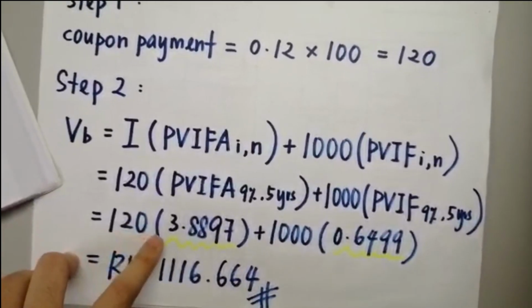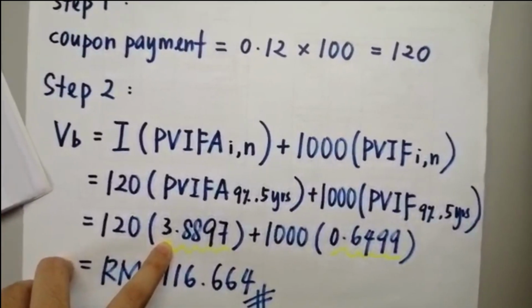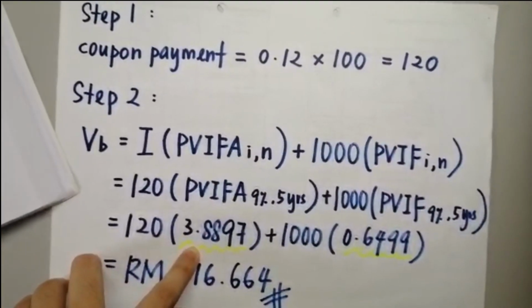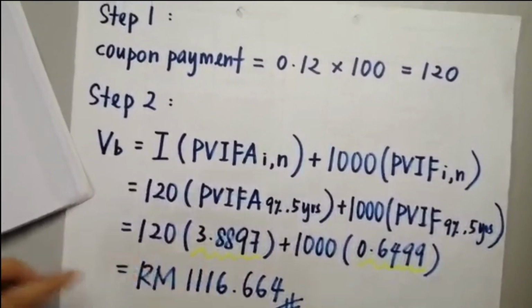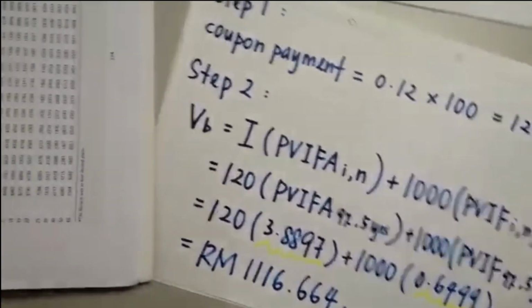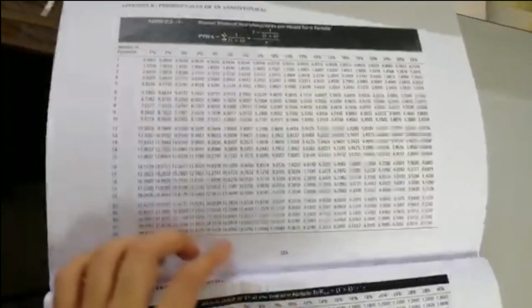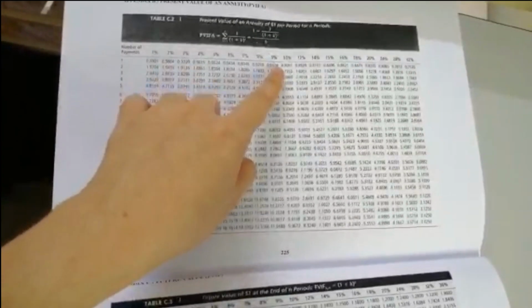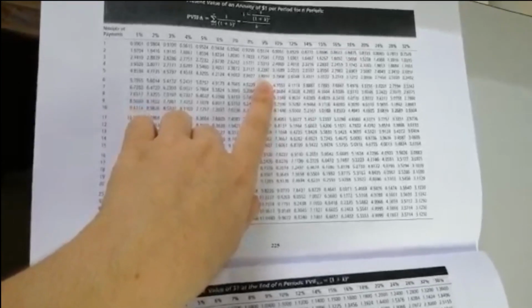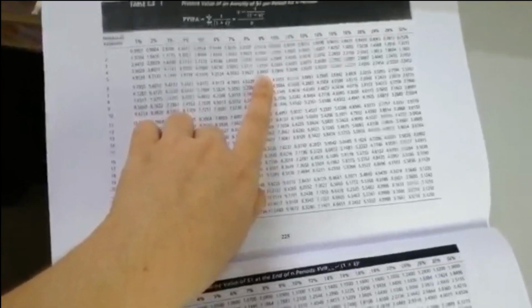Then it equals 120 times 3.8897. This value we can find by referring to the PVIFA table: we look at 9% and 5 years, which is 3.8897.